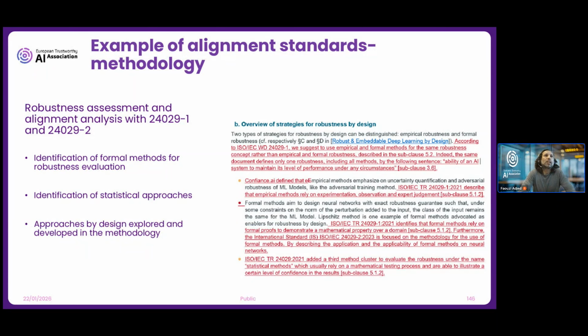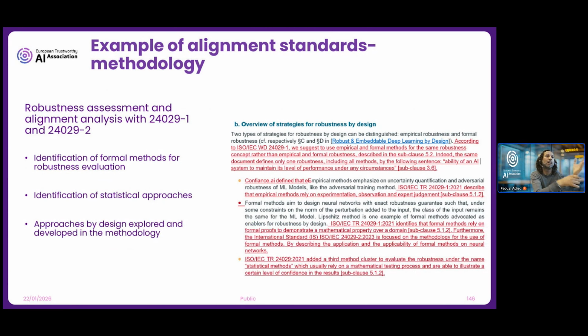Then we can see in here, don't try to read all of the right side. We just identify that we can use the formal method for robustness evaluation in the standard, and we mention them in the evaluation, in the methodology. And we can say that there is alignment, there is mapping between the technical knowledge explained in the methodology and the requirement.